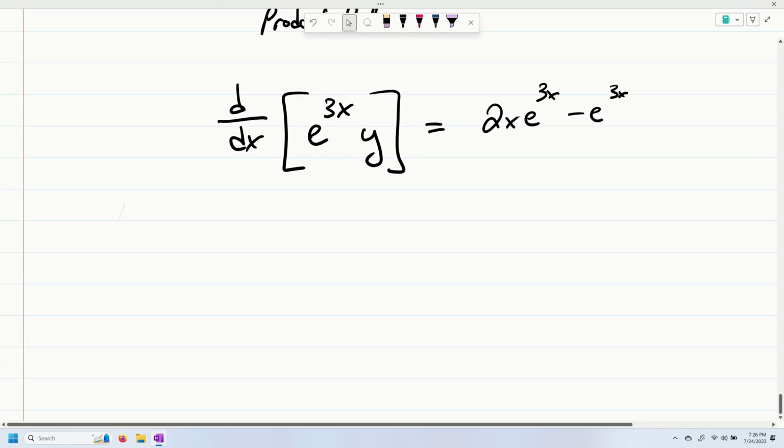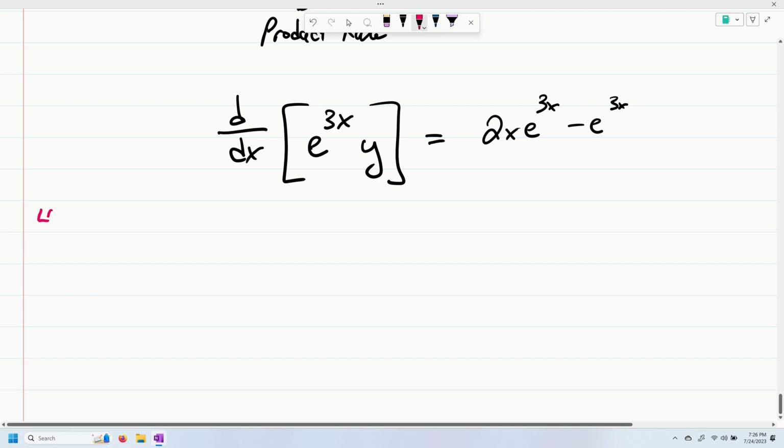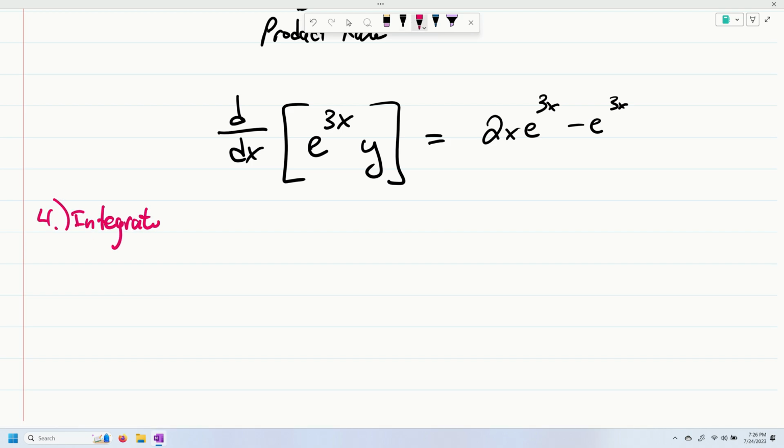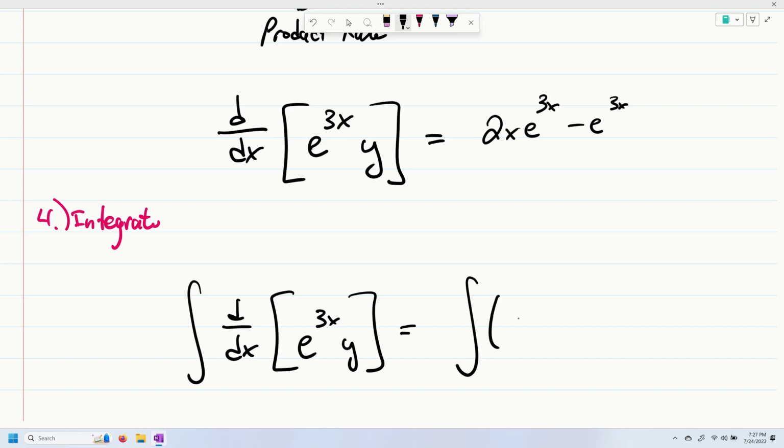Now step 4. This is where we have to integrate everything. Integrate the left side, integrate the right side.